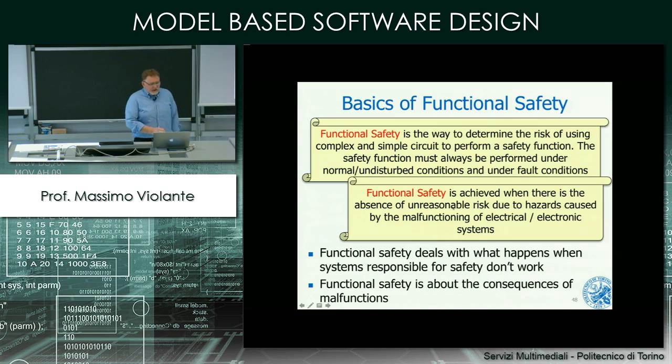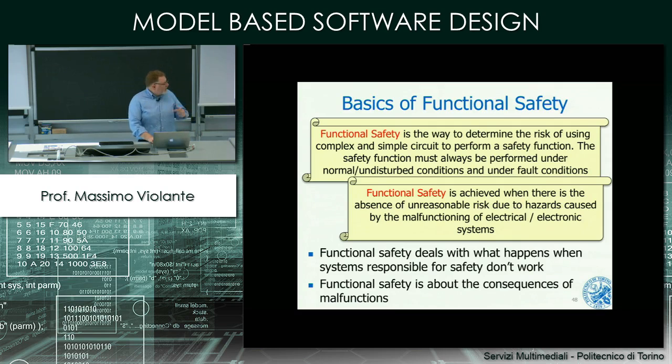That is, even if we have a fault affecting our system, we do not have an unreasonable risk for the user of the system. We will see this concept later on in more detail, so I hope it will be clearer.